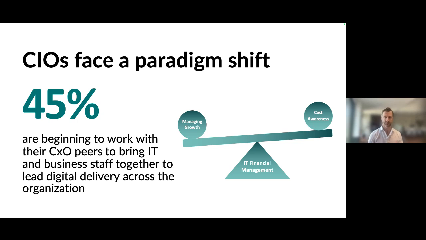The second big thing that we're seeing is CIOs as well as other IT leaders are facing a pretty big paradigm shift. And we kind of noted this before in this idea that they're presenting data and information more regularly to the board, CEOs, and other executives. And it's this idea of democratization of data. So when we think about digital delivery and digital innovation, it no longer is sitting in this centralized hub or a singular focus or domain.